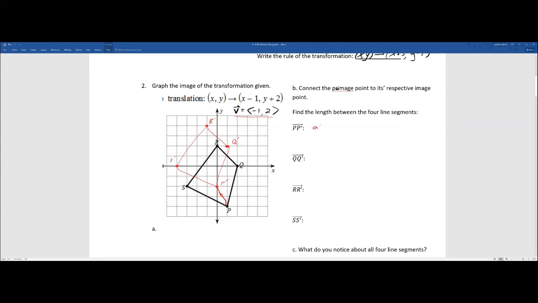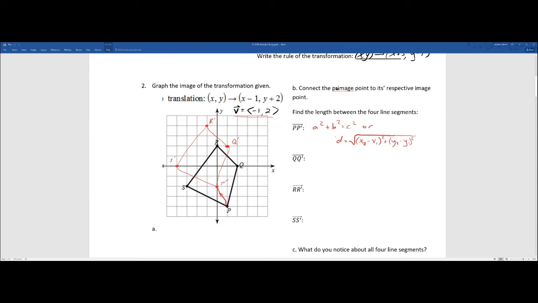You could either use a squared plus b squared equals c squared, or the actual distance formula, d equals the square root of the second x minus the first x squared plus the second y minus the first y squared.